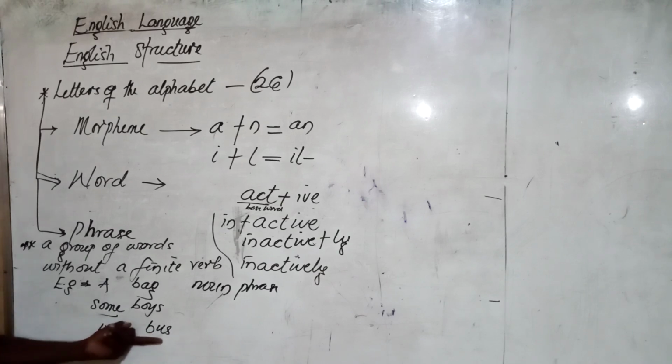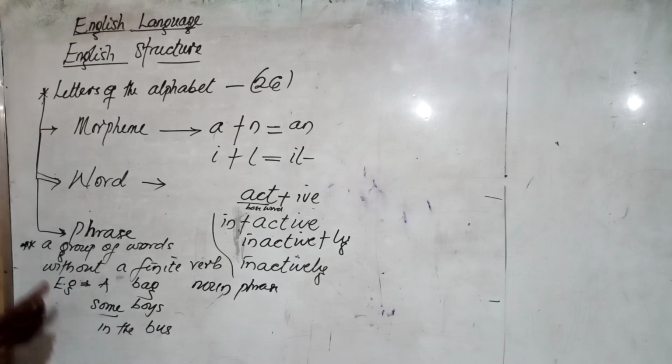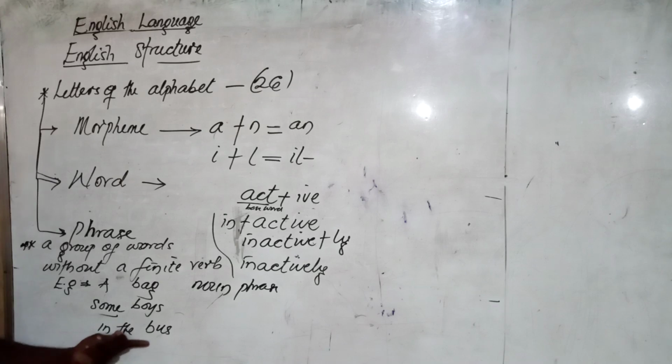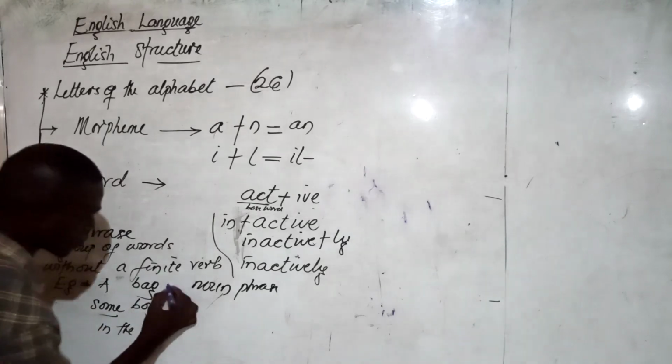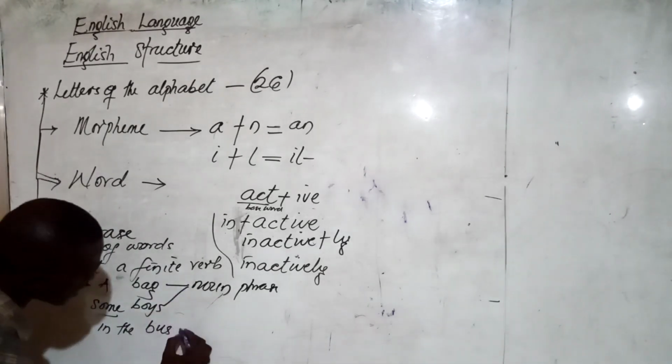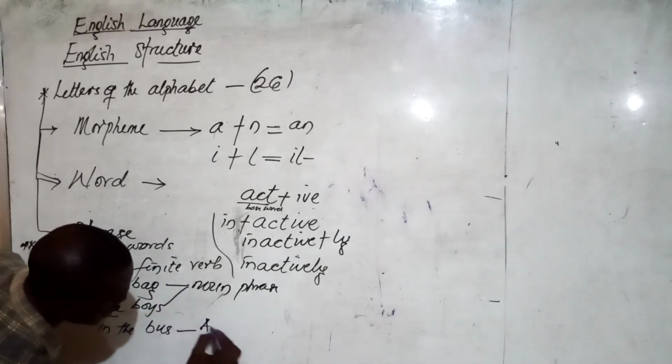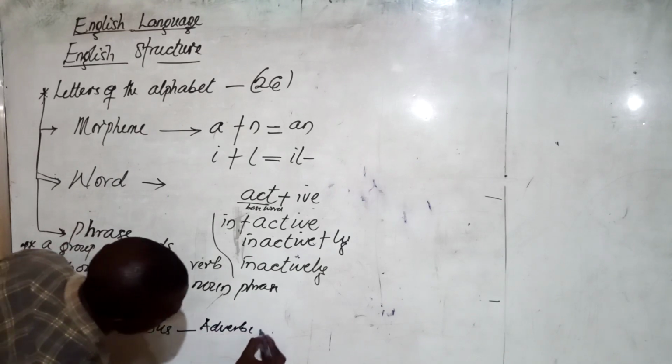So it's called an adverbial or adjunct, an adjunct of place, or an adverbial of place. In the bus. Of course, this is not very explanatory enough. We said this one is a noun phrase, and this is going to be an adverbial phrase.